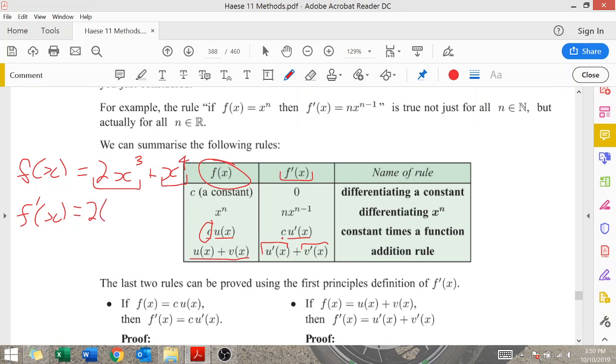2 lots of 3x squared, again, times by the power, take the power, plus the derivative of this one, 4x cubed. Simplify it, you're going to get 6x squared plus 4x cubed.